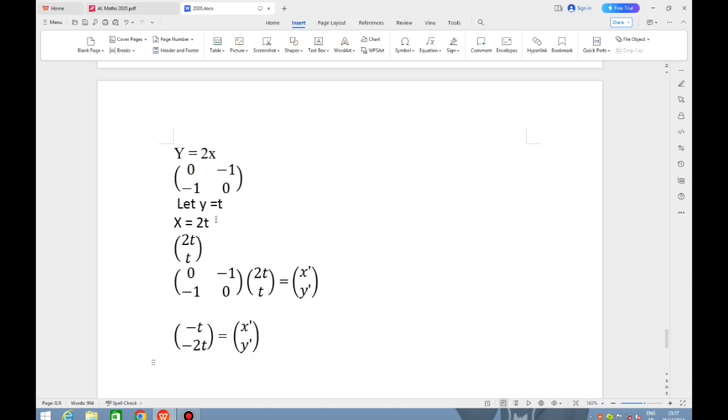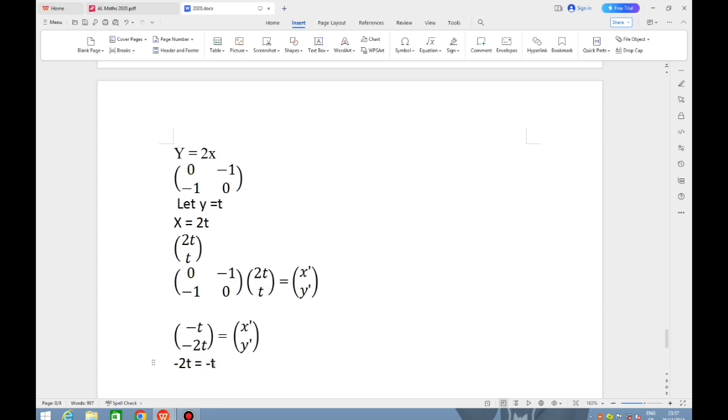So the line y is equal to x transforms to a new line. Negative 2t is equal to 2 times negative t.